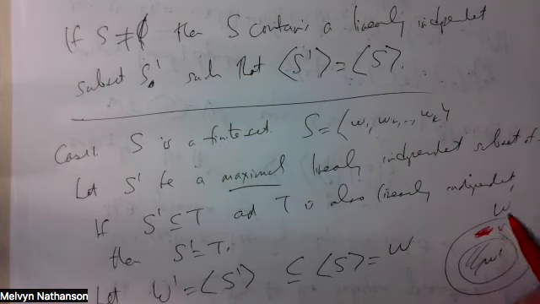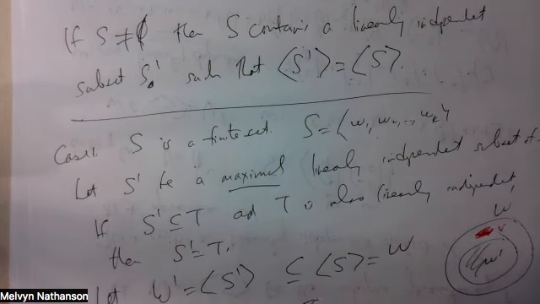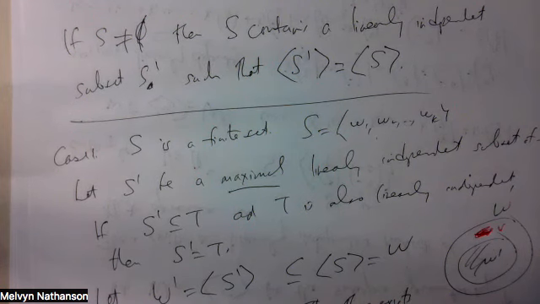There's some vector V, which is in W, but not W prime.